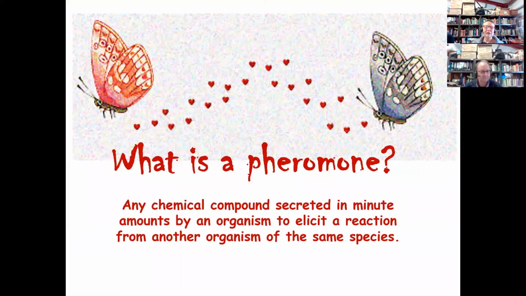Basically, it's tiny amounts of a very strong chemical compound which is secreted from our bodies, which elicits a reaction from another person or organism of the same species. So they're best known as sex attractants. That's our knowledge of pheromones basically, but in actual fact, it's much more complex and far-reaching than that.